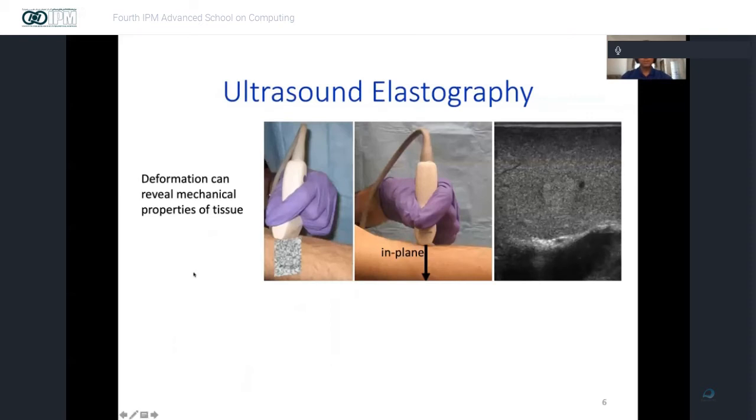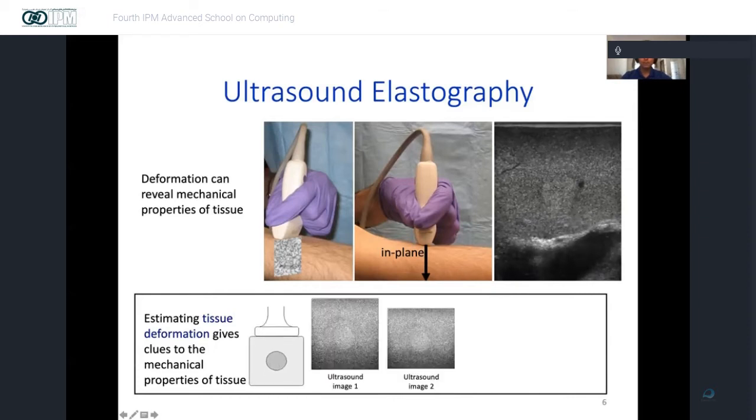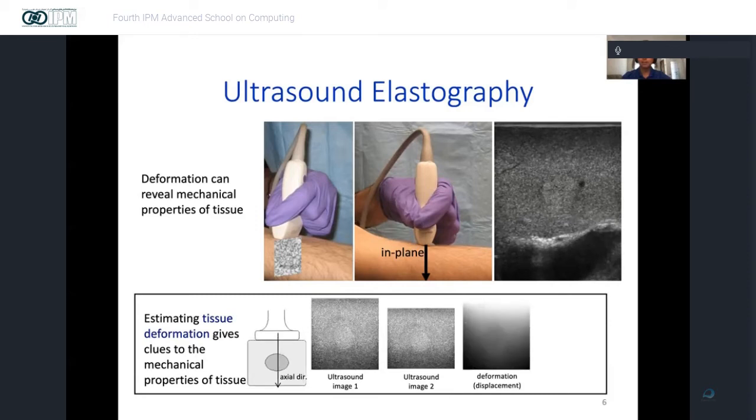So if we basically simply place the probe on the tissue and start deforming the tissue, these deformations can reveal mechanical properties of the tissue. So schematically, if we place the probe on the tissue and we start compressing the tissue as it's shown here, and we take two images before and after compression, we can compare these images and calculate the displacement image.